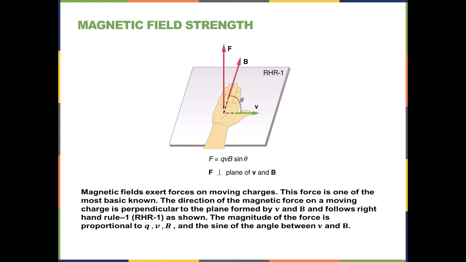In the case with his palm up, as shown here, the force would be straight up if it's a positive charge and straight down if it's a negative charge. The magnitude of the force would be QVB times the sine of theta, but since it's perpendicular and theta is 90 degrees, the sine being 1, you do not have to take that into account.